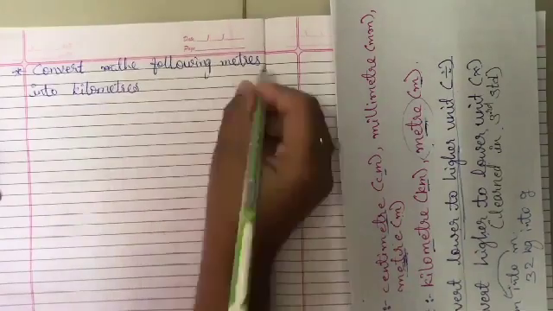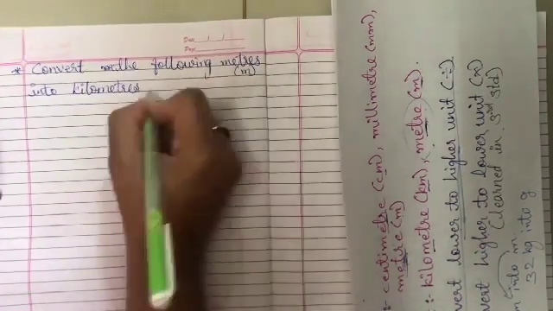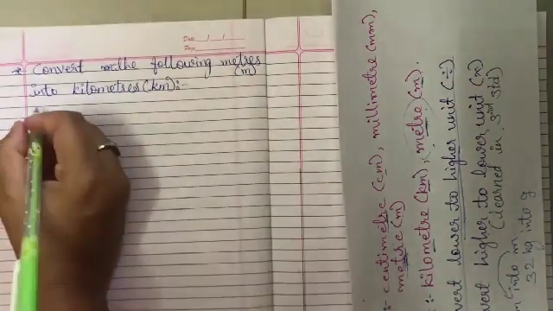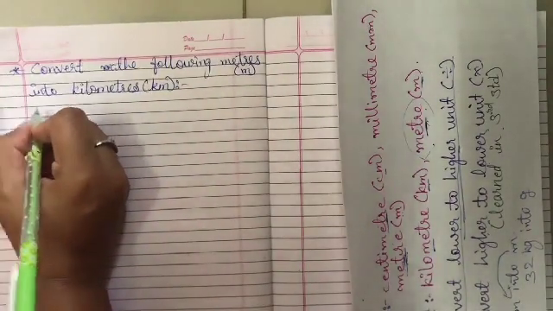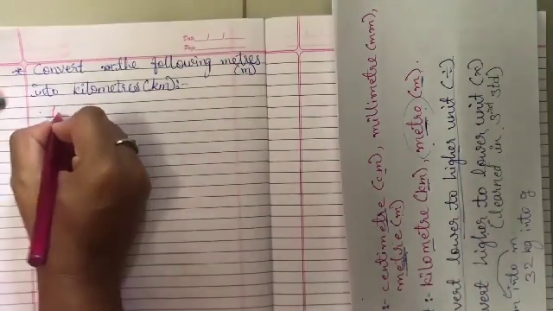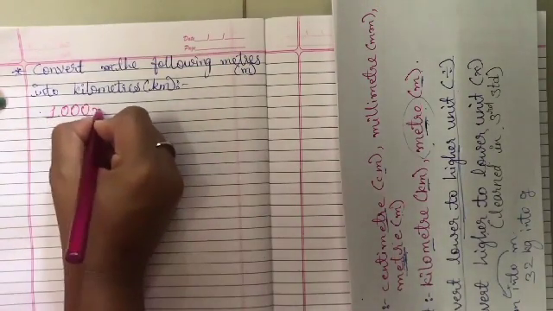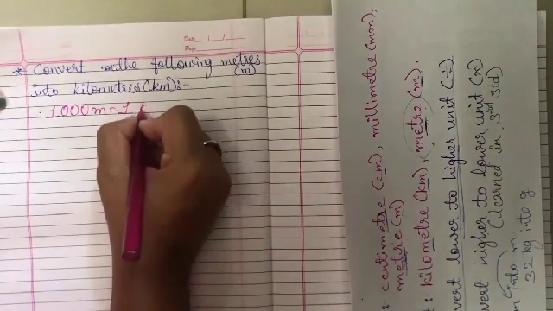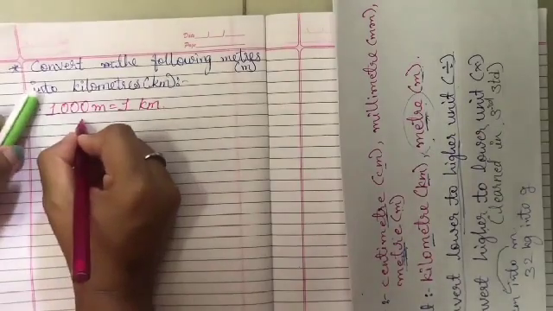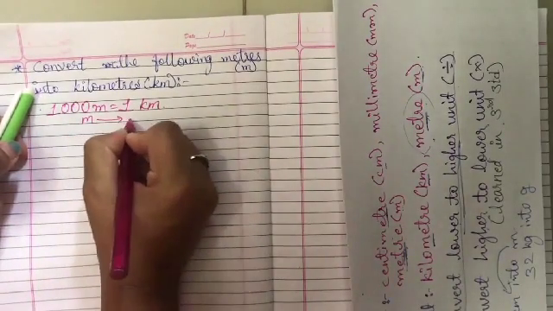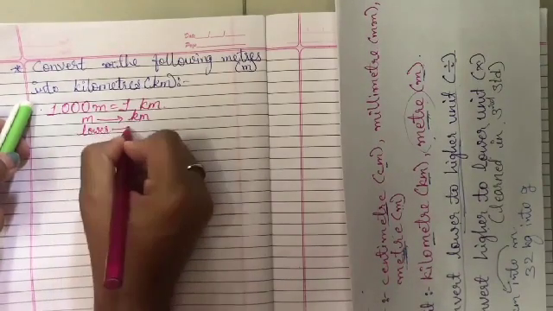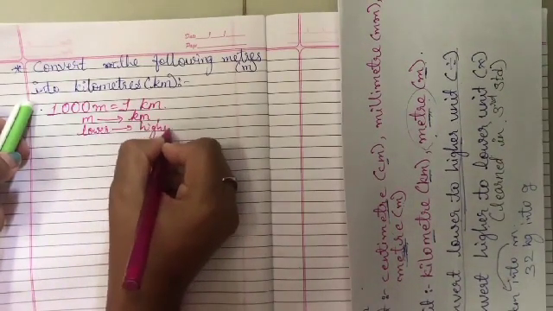Here m and here km. One more thing we have to remember, I'm writing it with the pink color: 1000 meter is equal to 1 kilometer. So we have to go from m to km, means lower to higher.